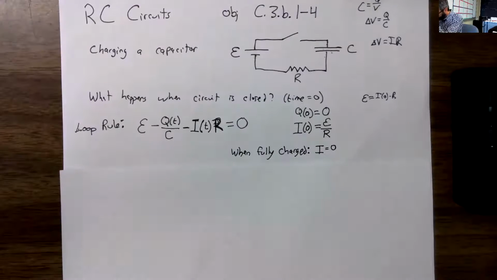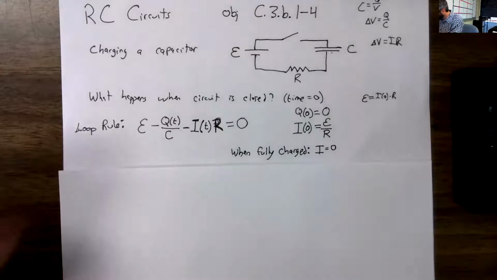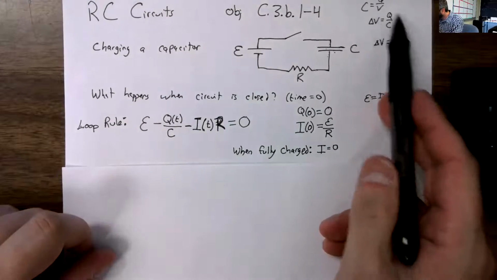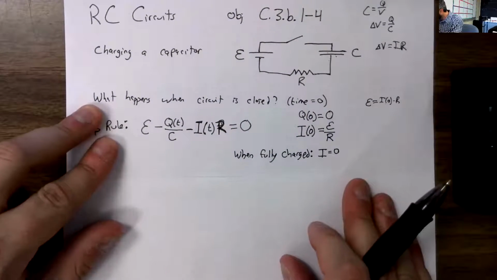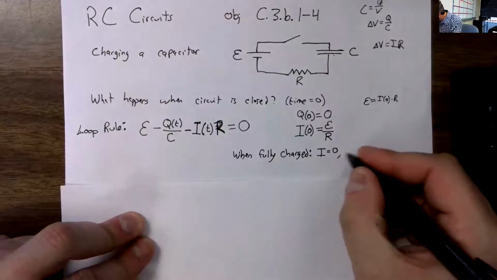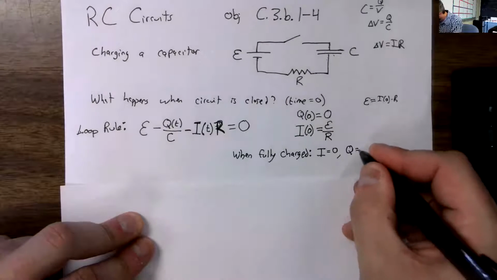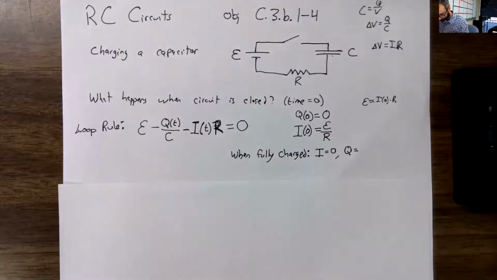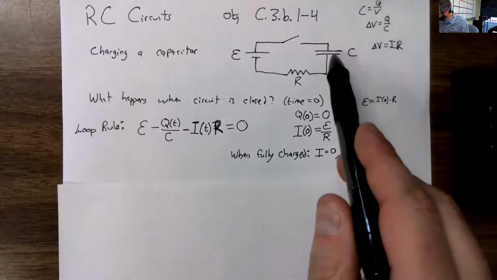And what about Q? Do we have an expression for Q when the capacitor is fully charged? I think we do if we go back to our definition of capacitance. What's the charge on the capacitor going to be when it's fully charged?